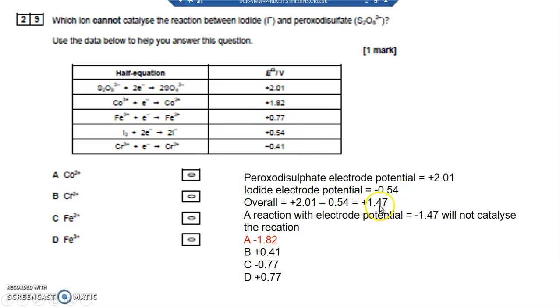So minus 0.77 add 1.47 is going to give a positive value of 0.7. And finally, Fe3 plus going in this direction is plus 0.77. Add 1.47 would give an answer of 2.34. So my answer is A.